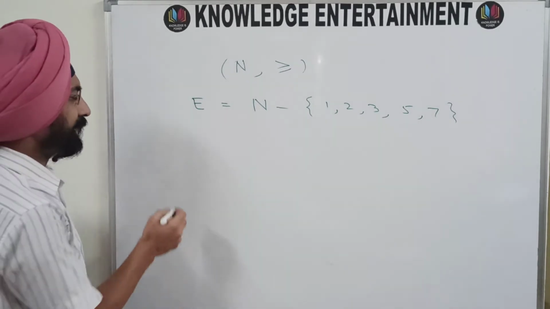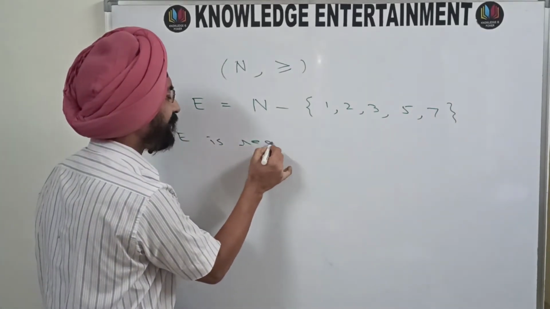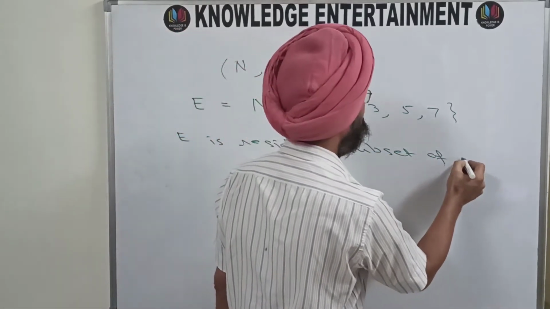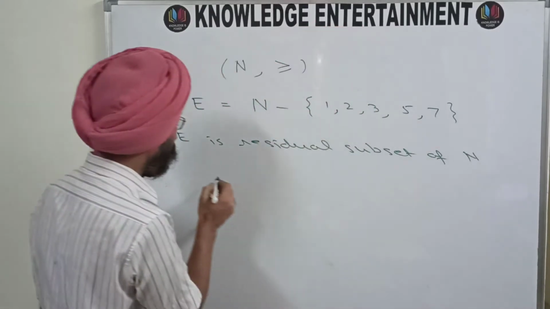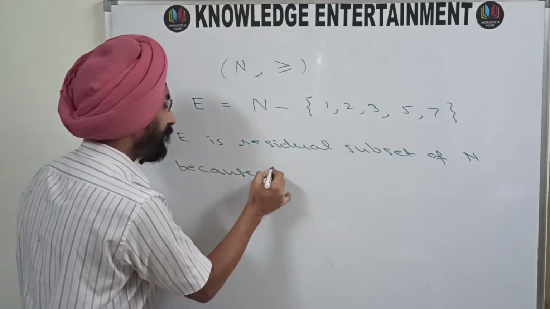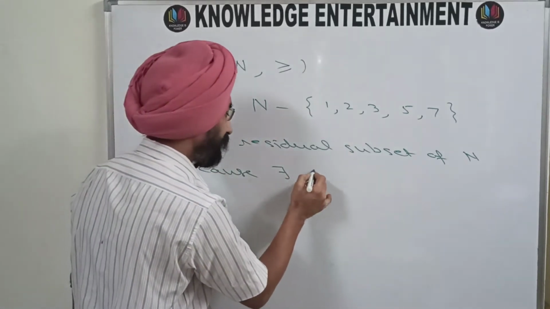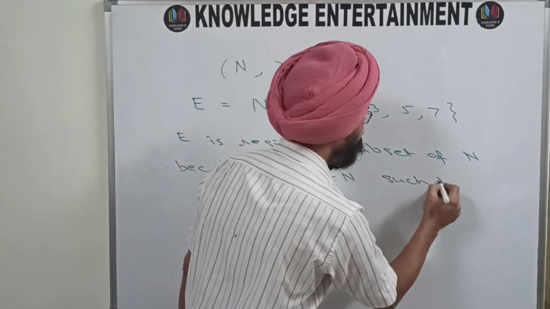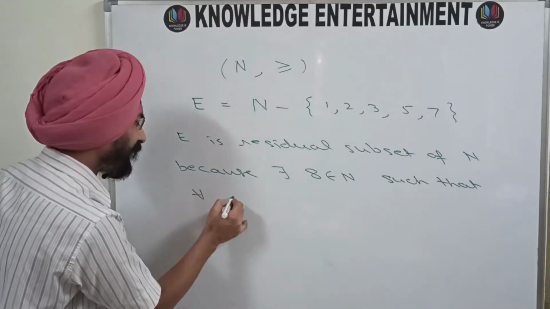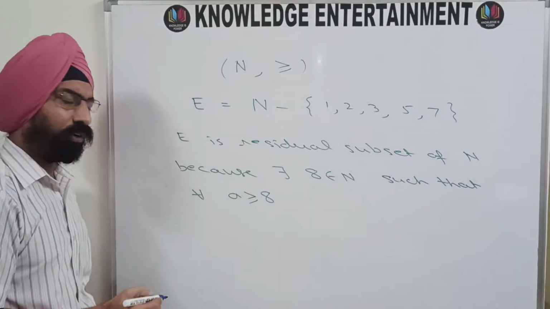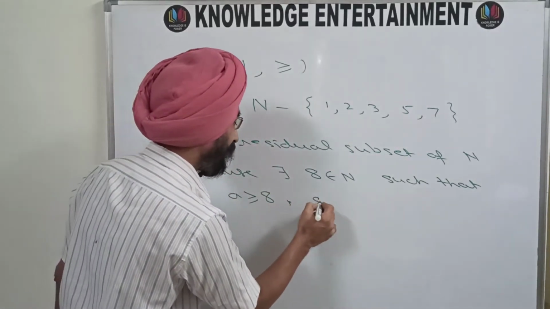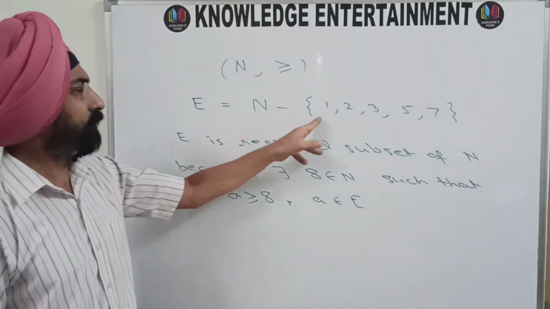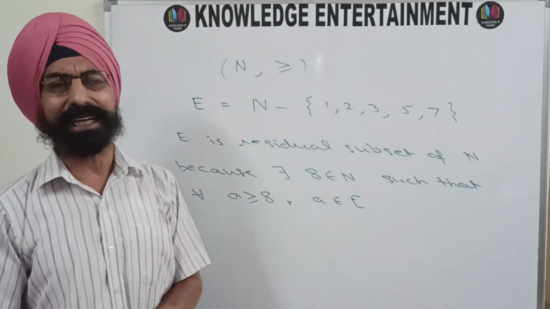Then this set E is a residual subset of N because there exists 8 in the set of natural numbers such that for every A that follows 8, for every A greater than or equal to 8, this A belongs to the set E. Because E does not contain 1, 2, 3, 5, 7, otherwise it contains all the other natural numbers.